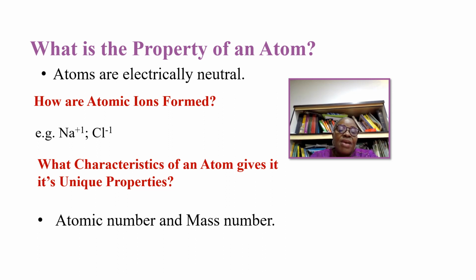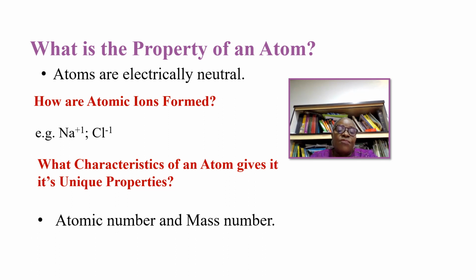And then the chloride ion here has gained an electron and it has attained the charge of -1. So in the sodium ion, since it lost an electron, it has a total of 10 electrons. And the chloride ion now has a total of 18 electrons.